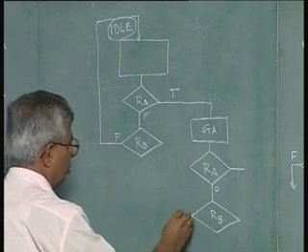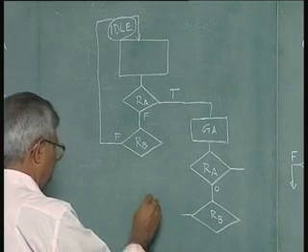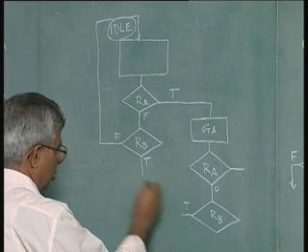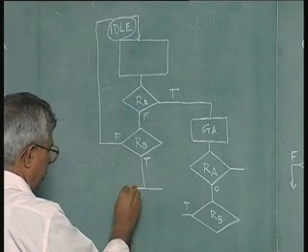So, look at RB. If it is true, what do I do? I go and generate GB.